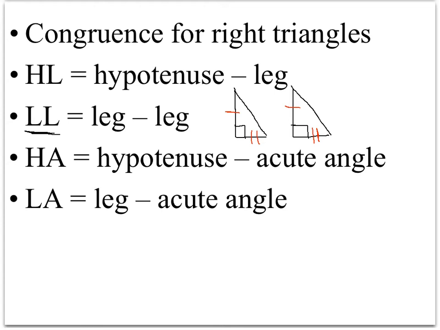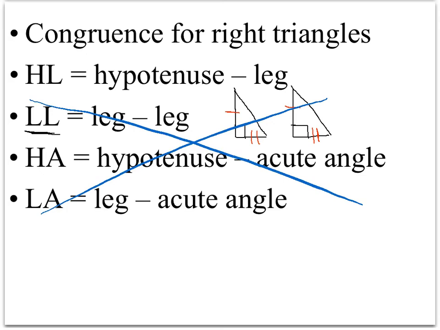But you might notice that this actually looks like side, angle, side, and it is. So it's kind of redundant for us to try to memorize something like leg, leg when we can already use side, angle, side. So I'm actually not going to have you memorize these last 3. So you can cross those off.